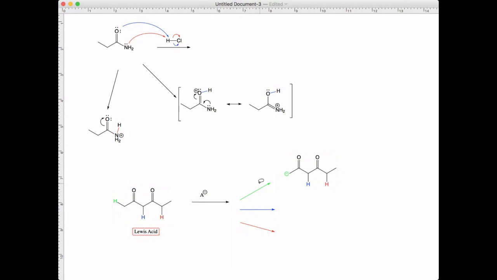Removing the blue proton will lead to a carbanion, obviously in the blue carbon bonded to the blue hydrogen, which I'm going to color code. And removing the red proton will lead to a third carbanion.